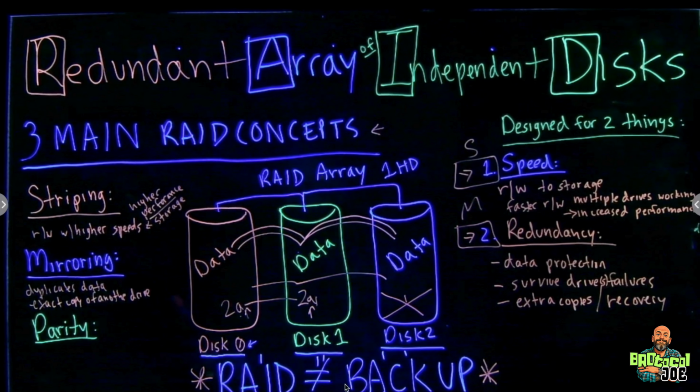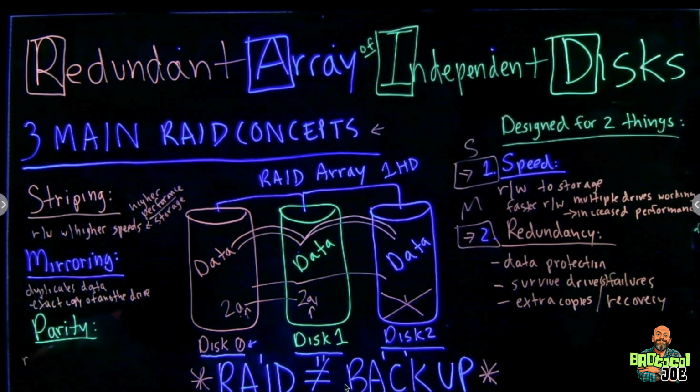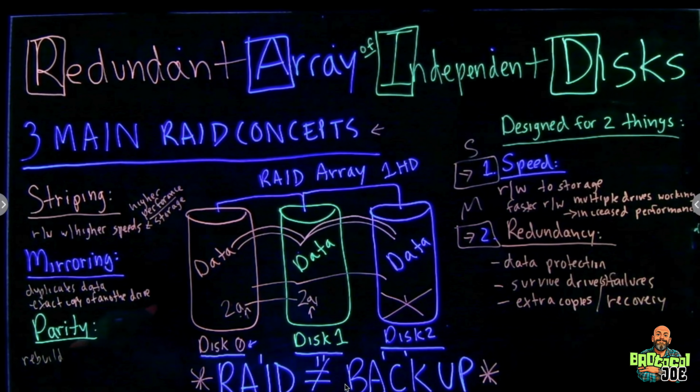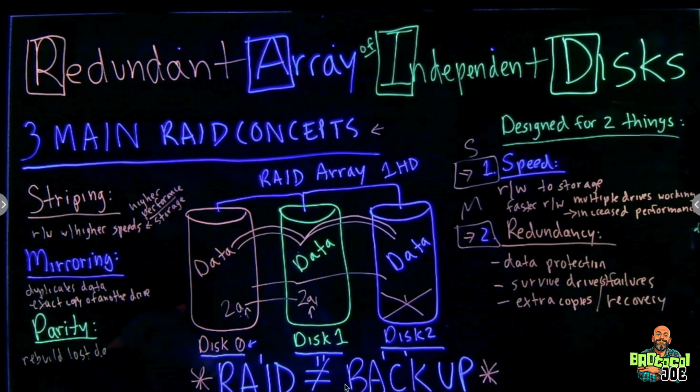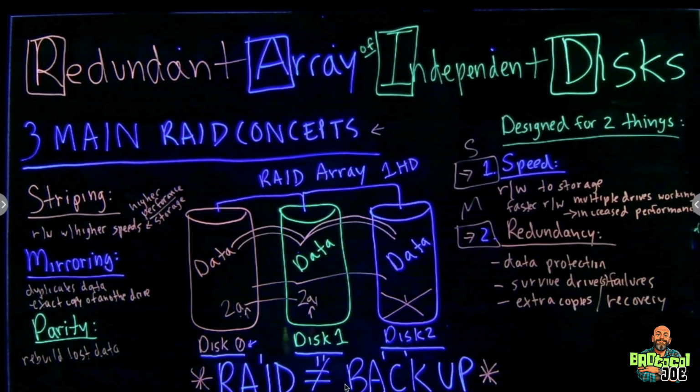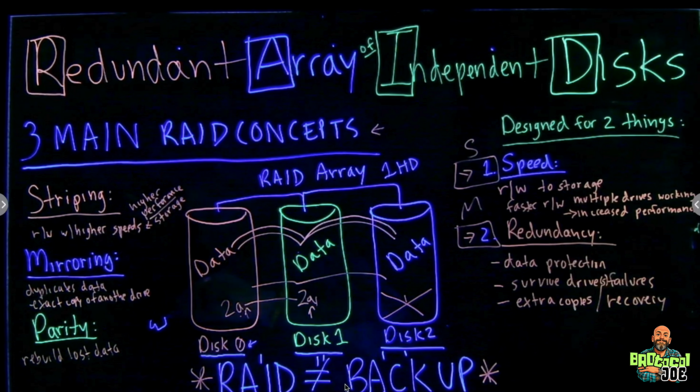Now, the last main RAID concept is called parity. Parity provides a way to rebuild lost data. You might think, how does it rebuild lost data? The way I like to describe it to my students, I'm no artist, is to think of parity as a puzzle piece. Ooh, that's a terrible puzzle piece.